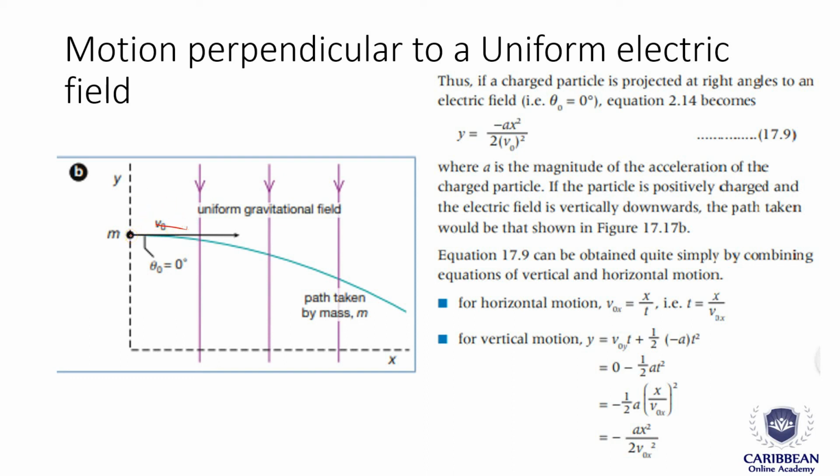When an object is fired perpendicular to the vertical, it does not have an initial vertical velocity. The only velocity it has when fired perpendicular to this electric field is a horizontal velocity.